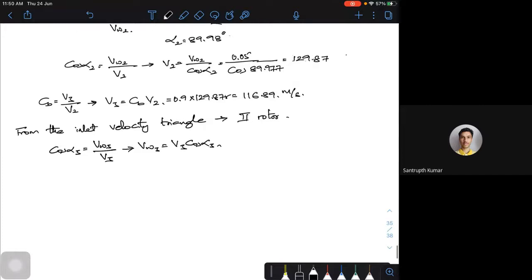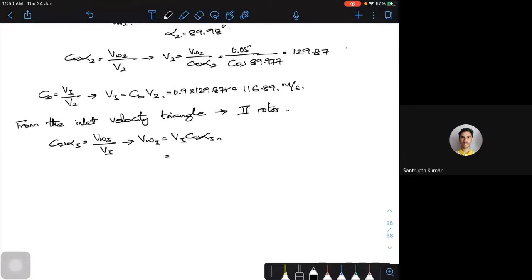What is your V3? V3 just now you found is 116.89 into cos 20. So therefore VW3 is equal to 116.89 into cos 20, which is roughly 109.84 meters per second.